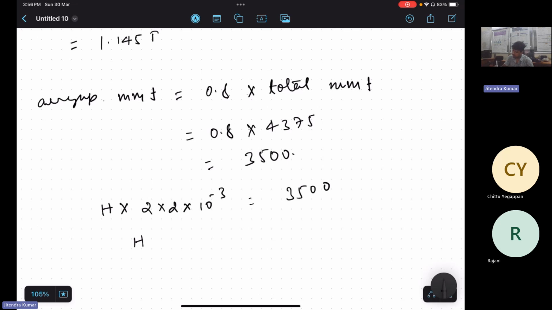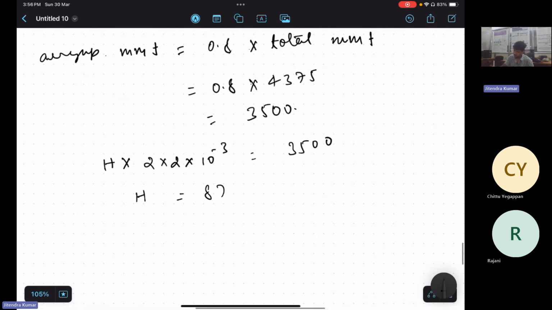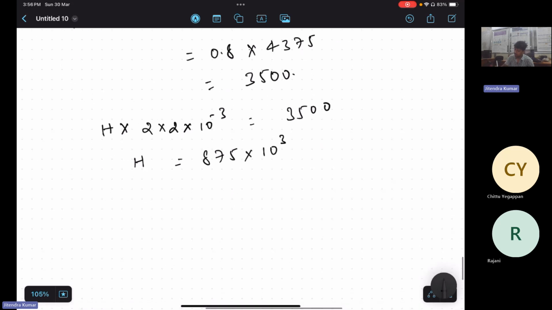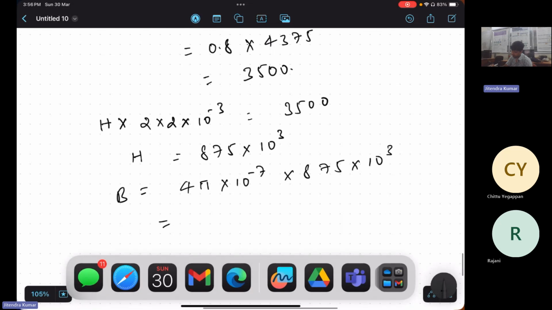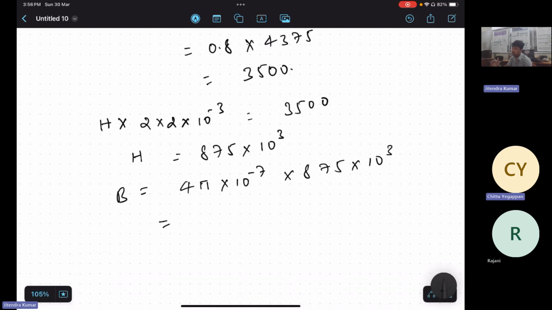B is equal to... Sir, it is 1.0995 Tesla, sir. 1.0995 Tesla.